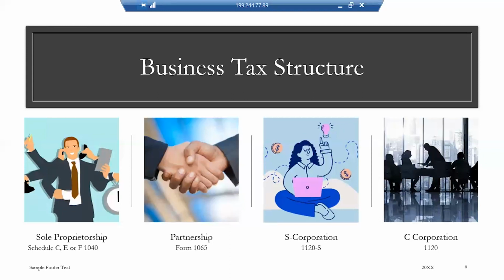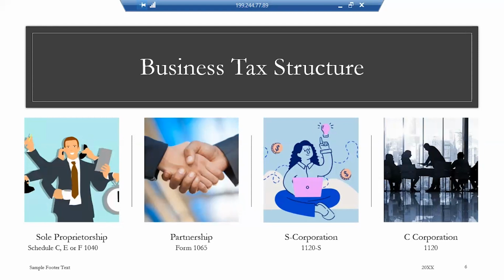The reason for that is they are due a month earlier because those two entities issue what's called a K-1 form that flows to a personal tax return. So those have to be done first in order to pass to each partner for them to do their personal tax return.